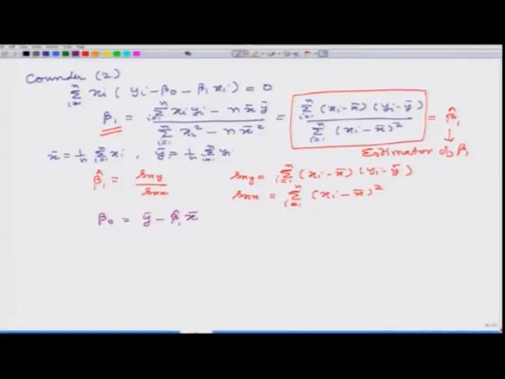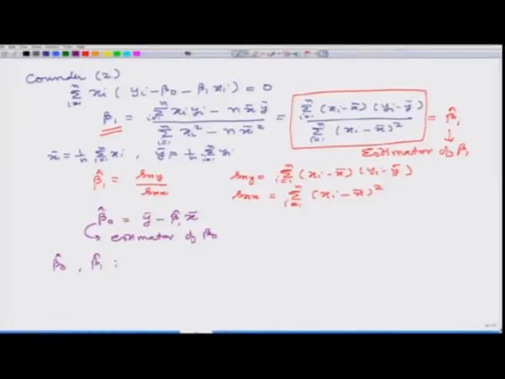Using this expression I can again estimate my intercept term. So, this beta 0 hat is an estimator of beta 0, right.